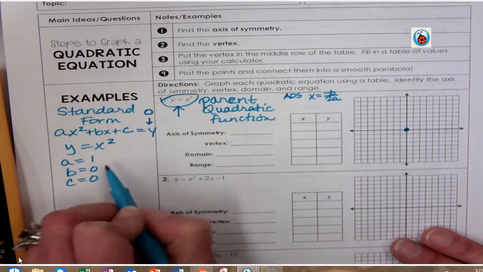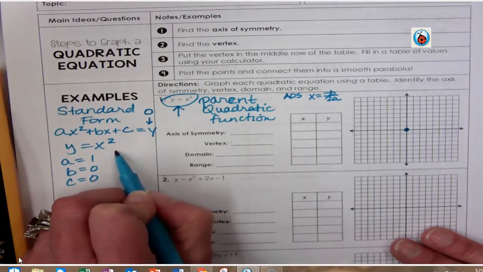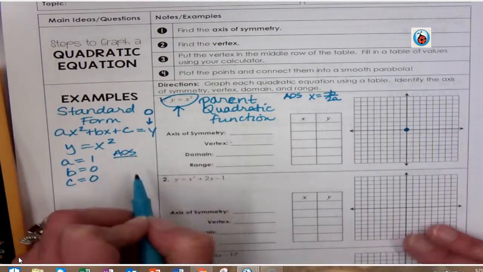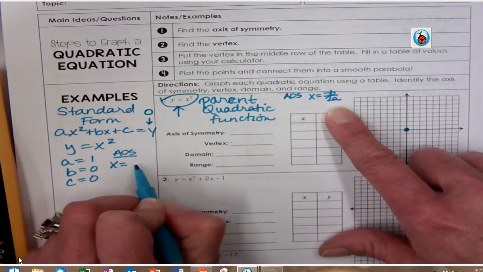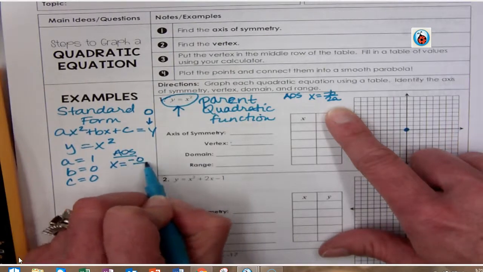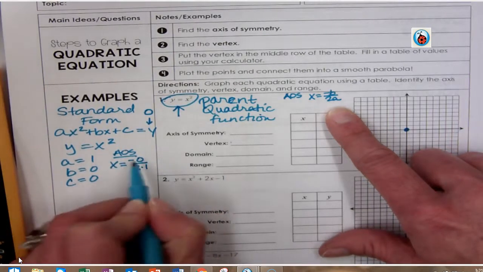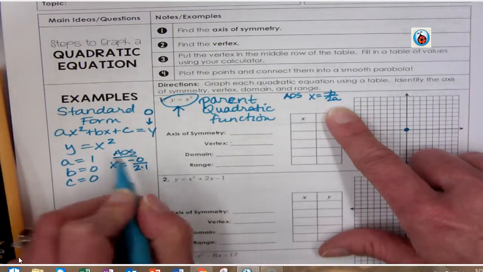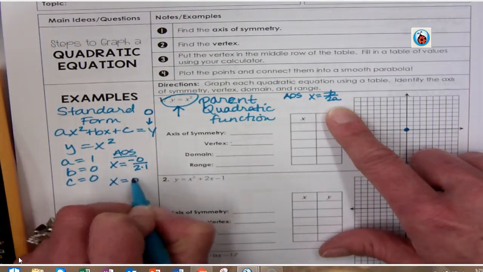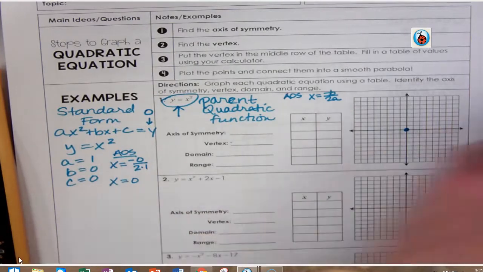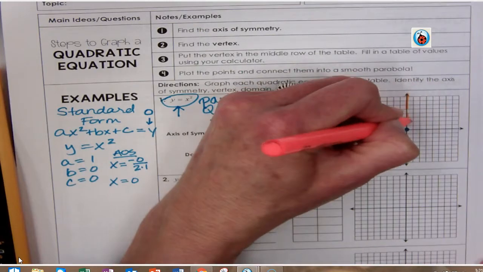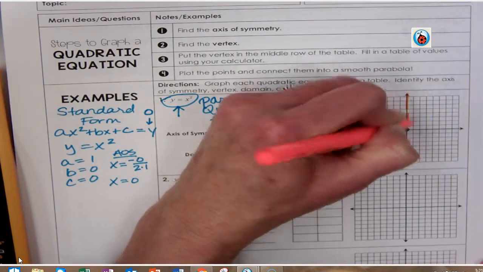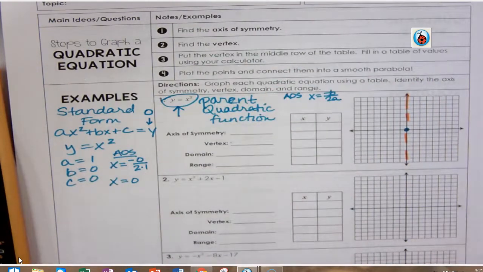So when I use this formula, my axis of symmetry, x, is going to equal negative 0 over 2 times 1. 0 divided by anything is 0. So my axis of symmetry is basically the y-axis right here for the parent function.